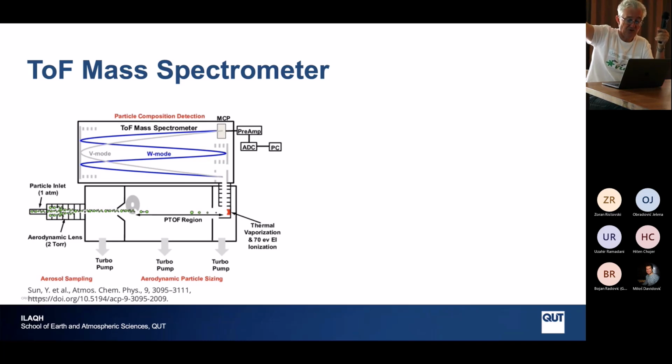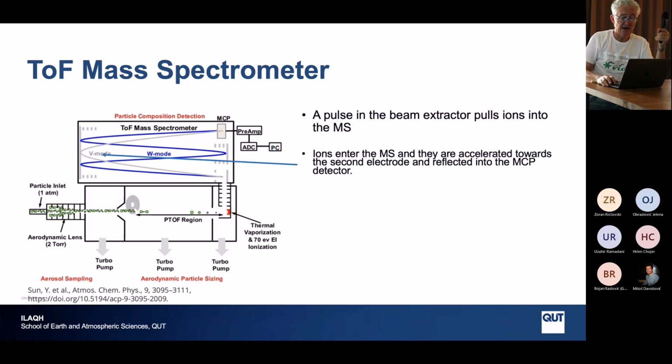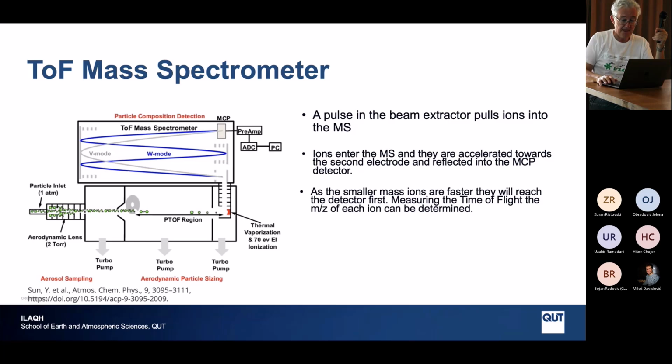Then what you have is a pulsar. The pulsar produces a short pulse of electrical field and sort of sucks the ions up into the time-of-flight mass spectrometer. That's here, this one. The ions enter the time-of-flight mass spectrometer, are accelerated towards one electrode, pushed away back, and then they enter the detector.